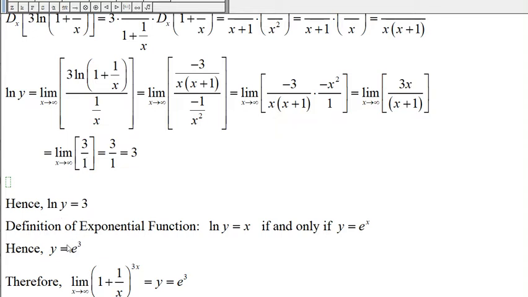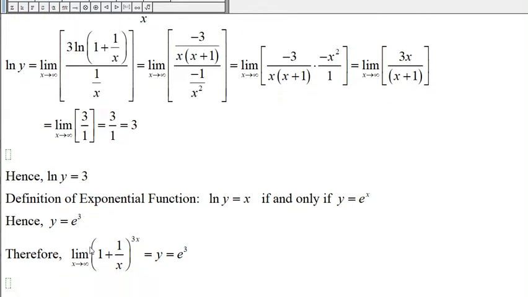This is equivalent to saying y is equal to e to the third. And again, recall that we called this limit expression right here y. But y is equal to e to the third. So this is the answer, e to the third.